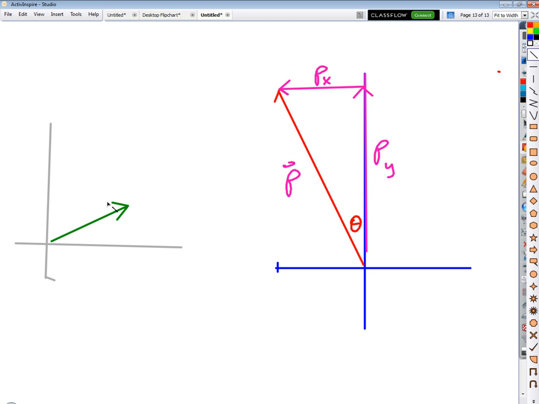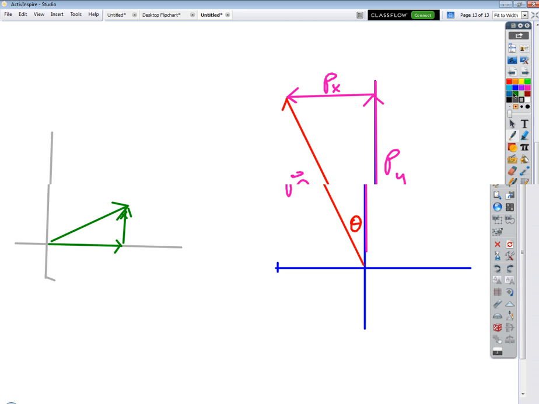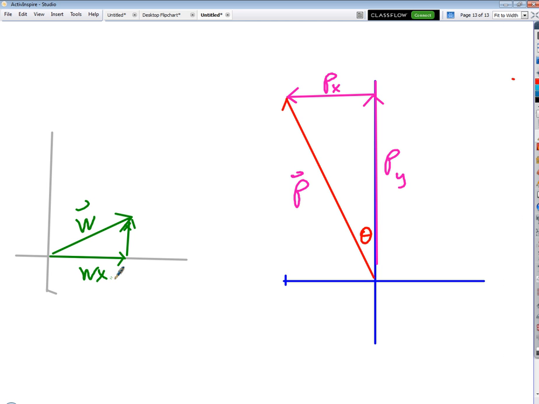So that has two components, that component and that component. This is vector W for wind. That's W sub X and W sub Y, right?